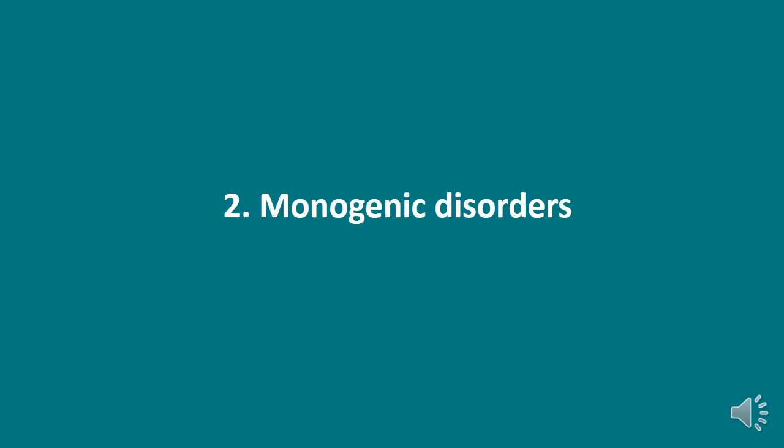The next type of genetic disorder we are going to discuss today is monogenic disorders. In this word, mono means single. So as the name implies, only a single gene will be affected in these disorders.